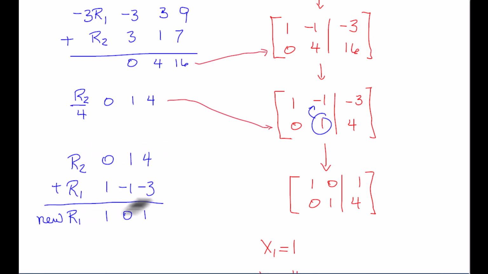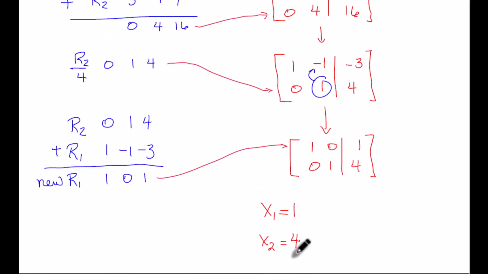All right, so add them up and I get my new row 1. And I'm simply going to plug it in. So the good news, I got 1s on the main diagonal, 0s everywhere else, and so my answer just appears there. x1 is 1 and x2 is 4.